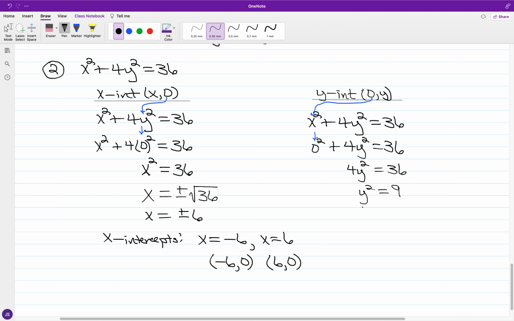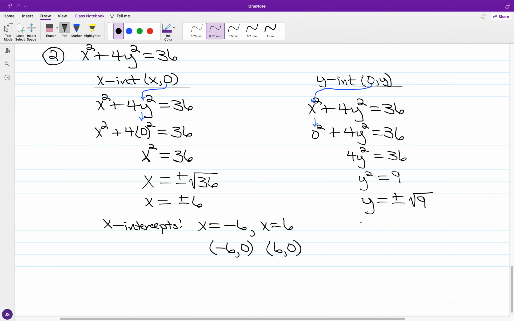And again, I can reapply the square root property of equality. So y squared going to y, and for 9, plus or minus the square root of 9. And so for y, just like what we had with x moments ago, we're going to have additive inverse values with positive and negative 3.